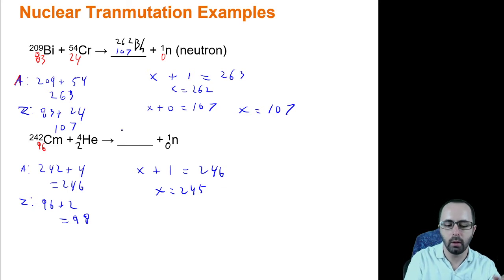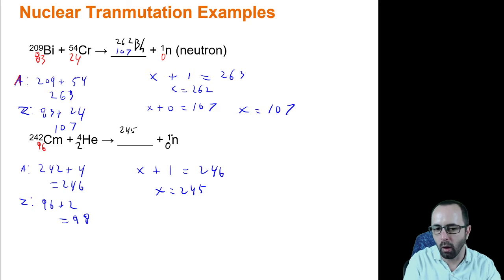So 245 plus 1, the 1 here, adds up to 246. And likewise, we need something here which adds to 0. So for z, we have something, which I'm going to call y, plus 0 equals 98.